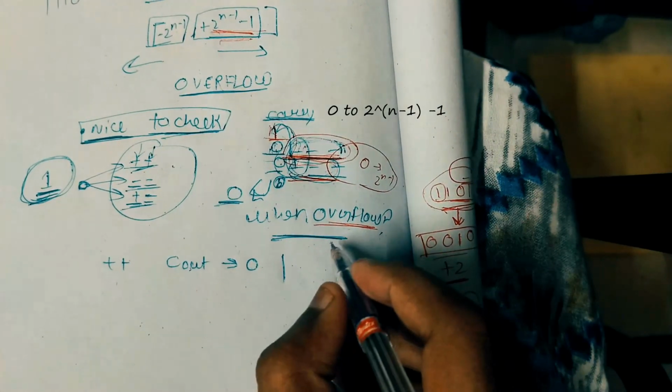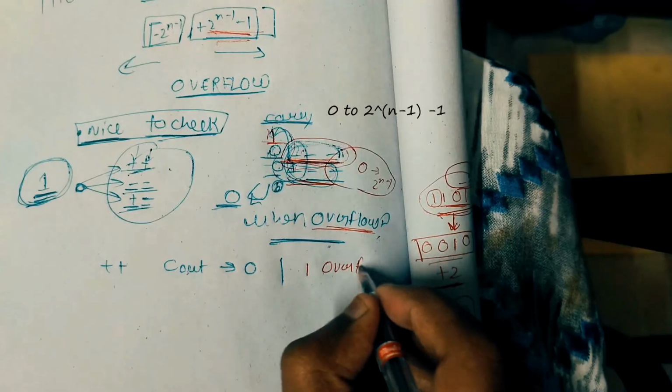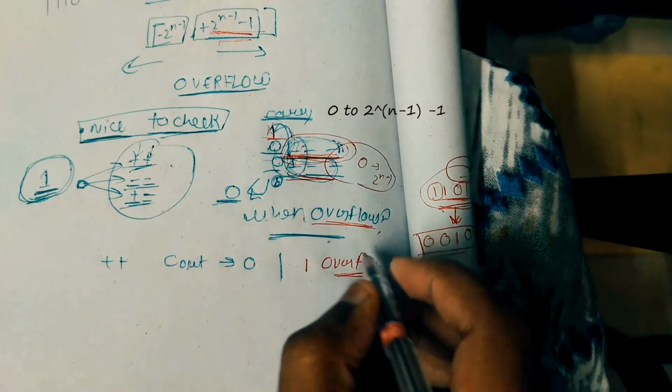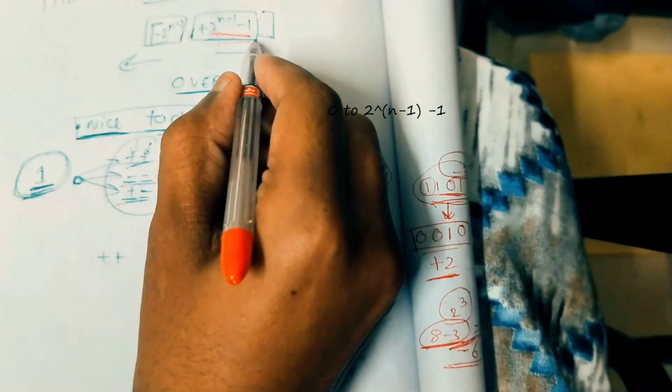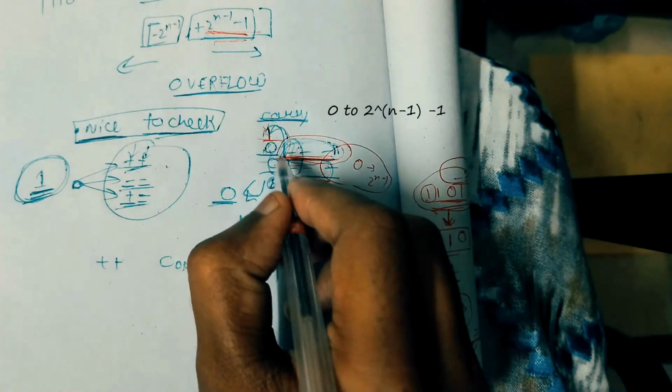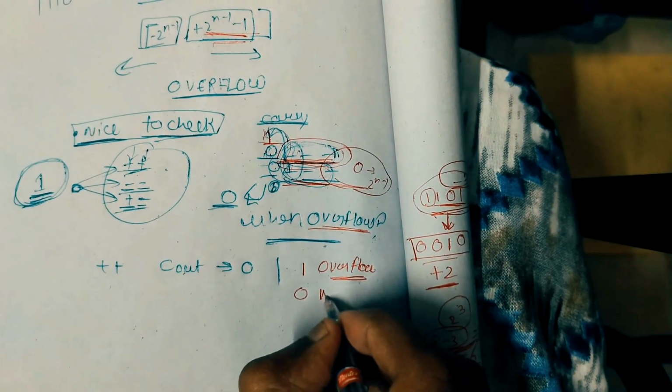So when the carry is 1, we have overflow in this case. And if the carry was 0, that means the sum was within this range, hence no overflow.